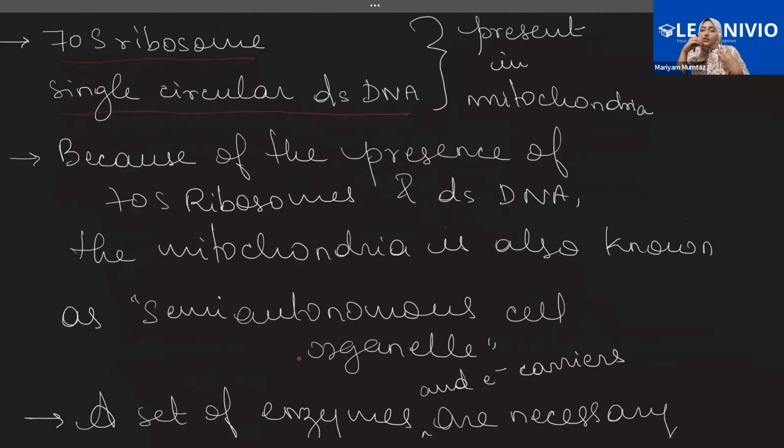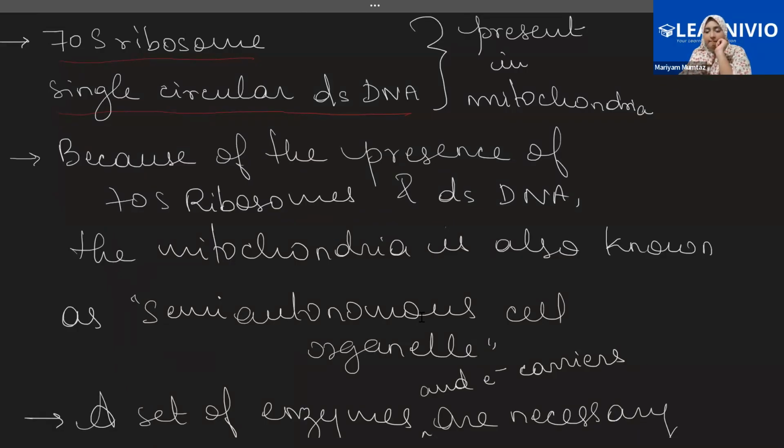Semi-autonomous means it does not rely on the nucleus for division or for protein synthesis. It has its own ribosomes, so it can synthesize its own protein, and it has its own DNA, so it can replicate on its own.